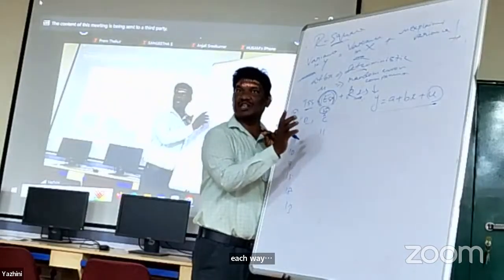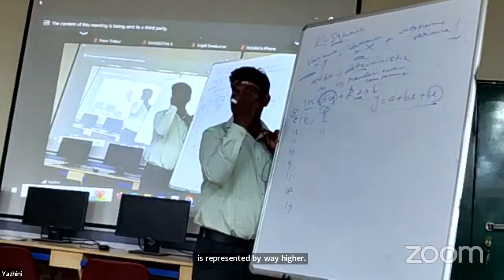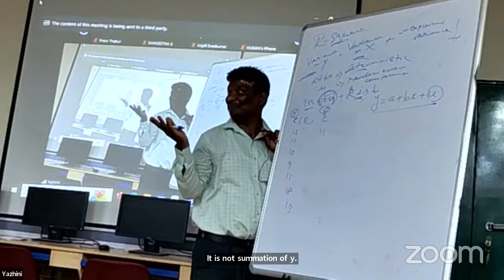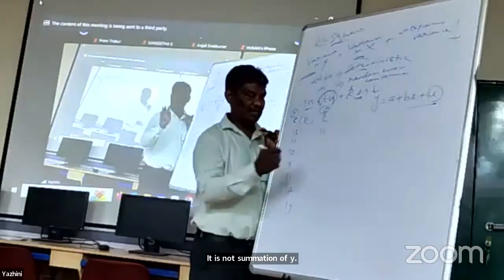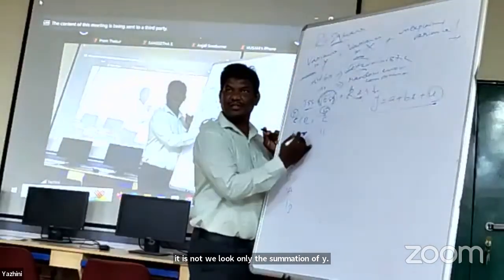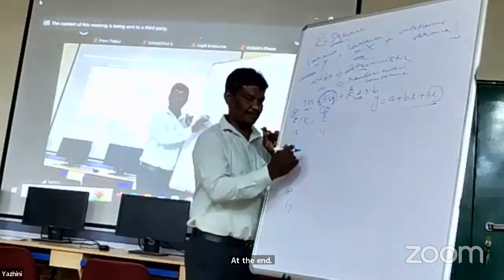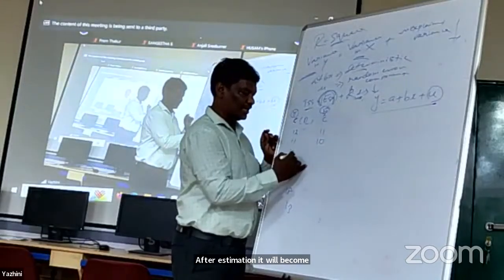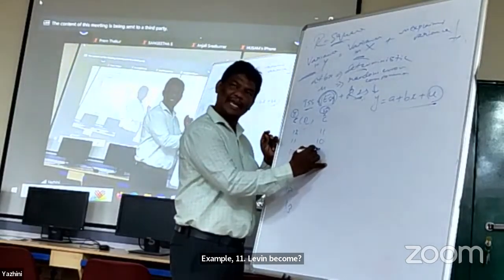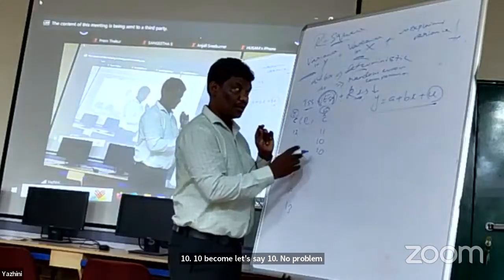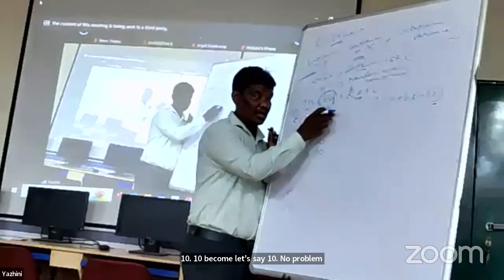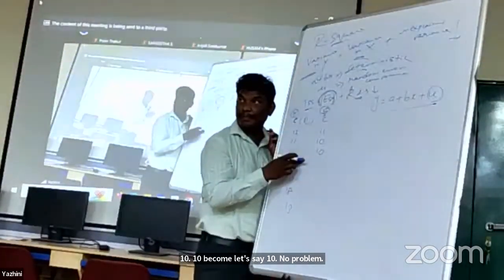After estimation, 12 becomes 11, 11 becomes 10, 10 becomes 10. This is the input, the actual data.